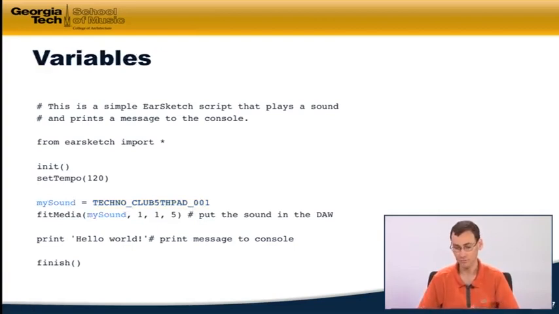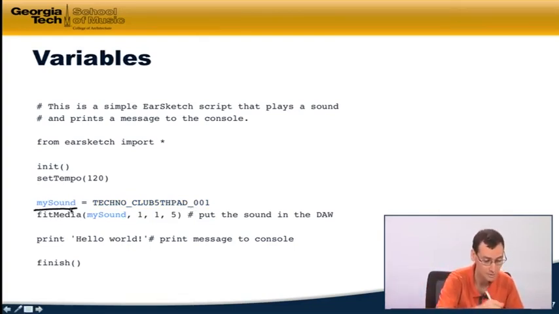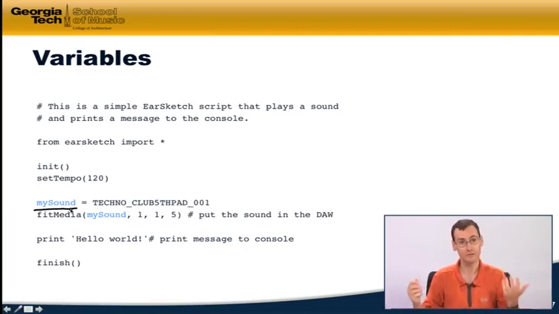Unlike constants, variables are things, as you would guess by the name, that can change throughout the script. So in this script, we have one variable called mySound, and by convention, they also have to be a single word. They can't have spaces in them. By convention, we use mostly lowercase letters in variable names. So I defined a variable. I gave it a memorable name, something that made sense to me, called mySound, and I assigned it this constant, the TECHNO_CLUB_5THPAD_001.